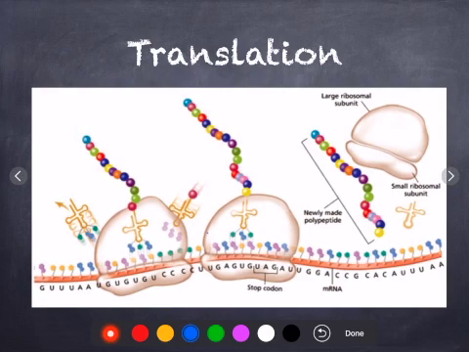Elongation is when this process continues longer and longer, and our strand of amino acids grows bigger and bigger. So tRNA comes in, it binds, it transfers its amino acid, and then another transfer RNA goes to the next codon. As this goes through, the chain continues to form peptide bonds, and the amino acids are continually added.